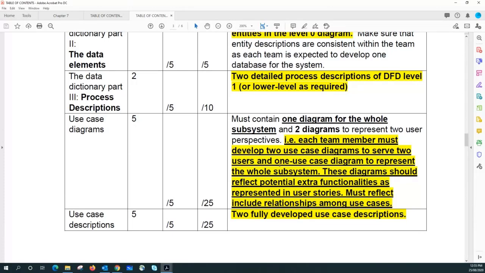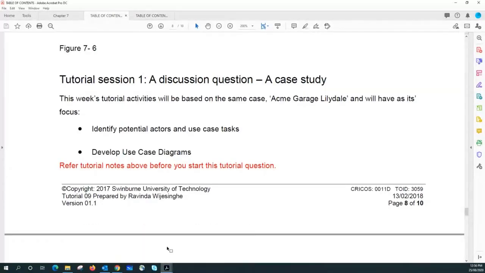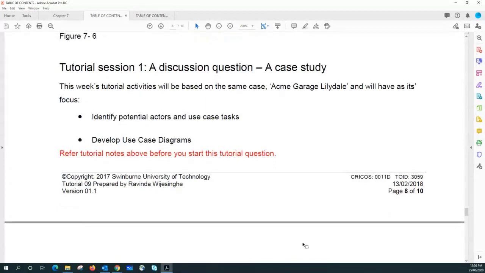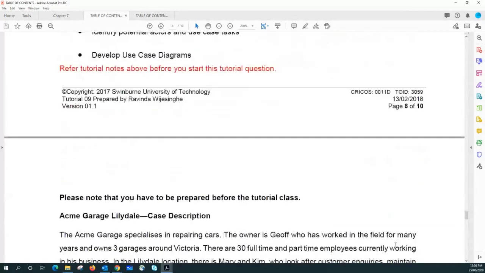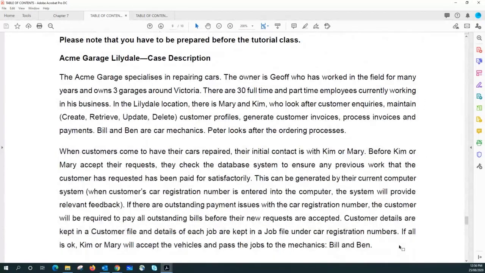Okay, right. Now let's go through the assignment and see whether we can apply the same concept. What is the first step? The first step is we need to read the case study and then determine the roles played by each actor, because in this case study they use names of the actors.